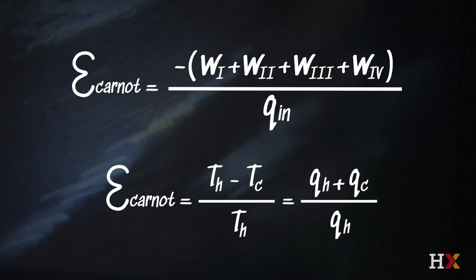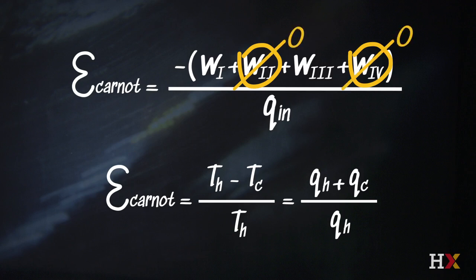And remember, we could do this very quickly because the Q in is indeed the Q that comes into the high temperature side, but we also recall that leg 2 and leg 4 were adiabatic. So if we're looking for the heat exchange, those terms drop out. In fact, they cancel in the work term explicitly. That leaves us with the first leg and the third leg. Those are isothermal.